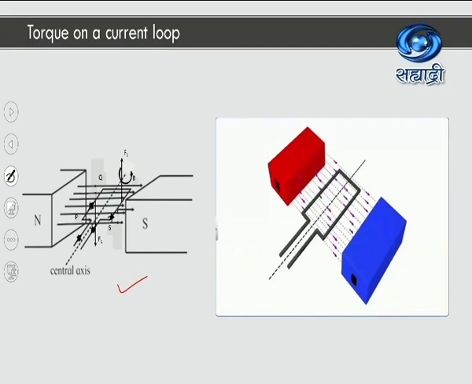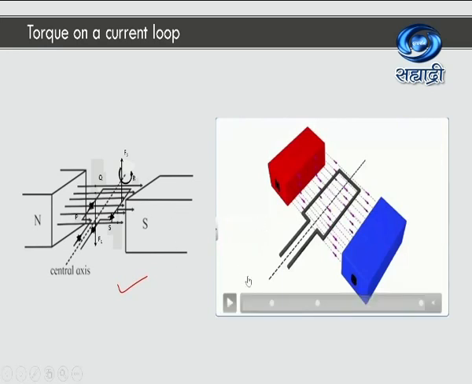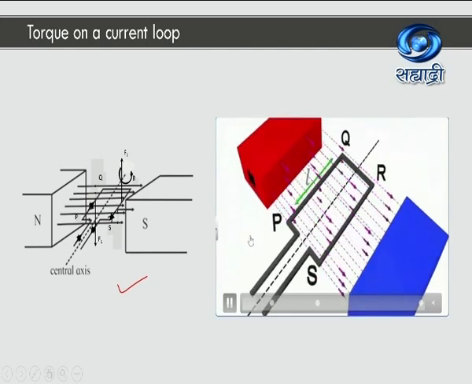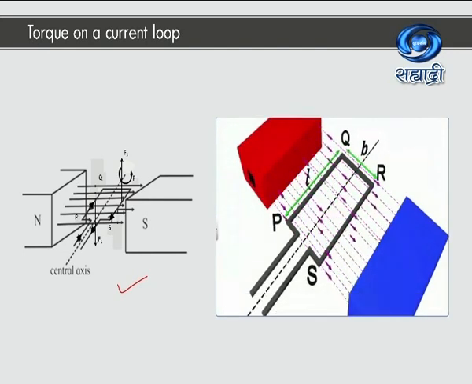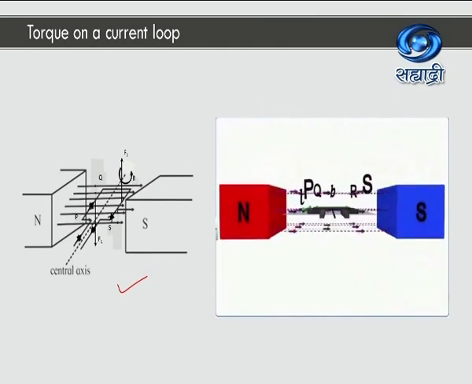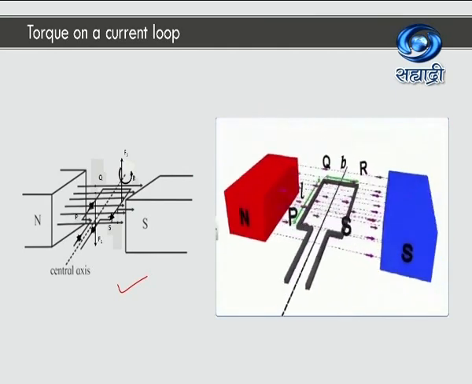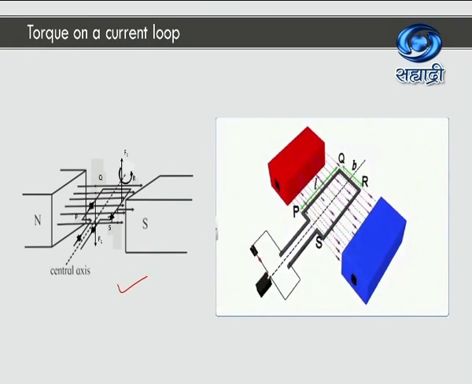Here I have north and south pole again, and there is a rectangular loop kept in the magnetic field. Let me run this video and try to explain what has happened. Here we can see that a rectangular loop of length L and breadth B is kept in an external magnetic field, whose plane is parallel to that of the magnetic field.